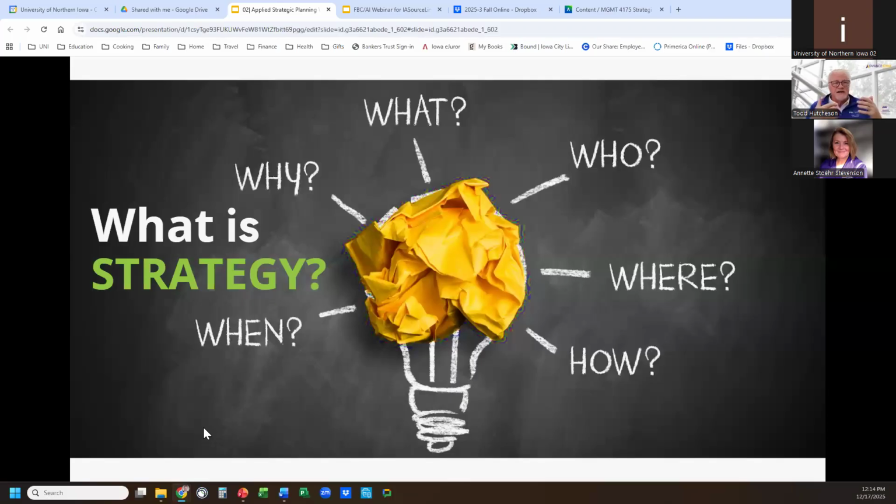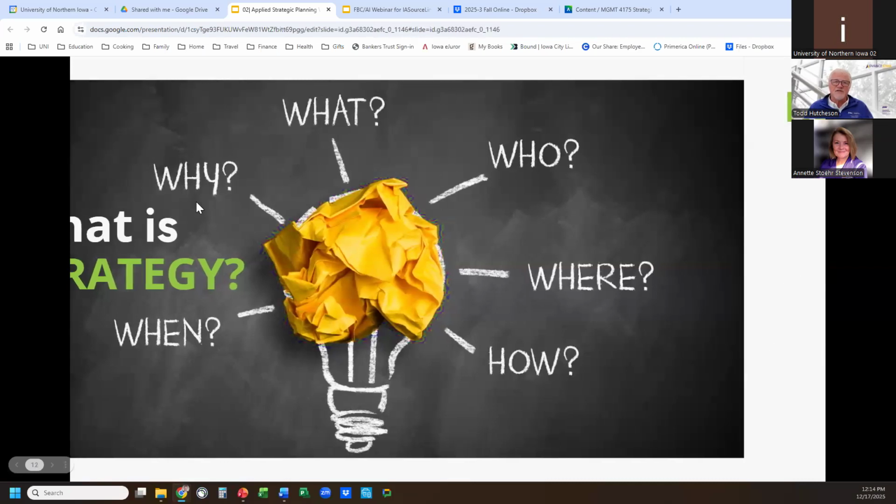But understanding how you're doing it and how it's going to roll out and how to communicate and where it's going to happen, who it's going to impact. All of those questions have to be answered as part of a good strategic plan in order for it to be effectively rolled out and for the entire company to walk in lockstep toward achieving that plan.